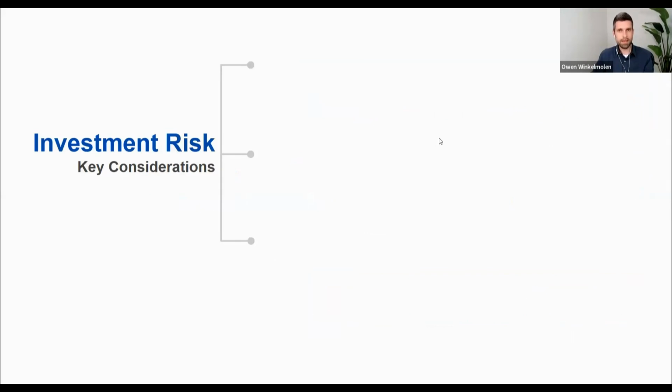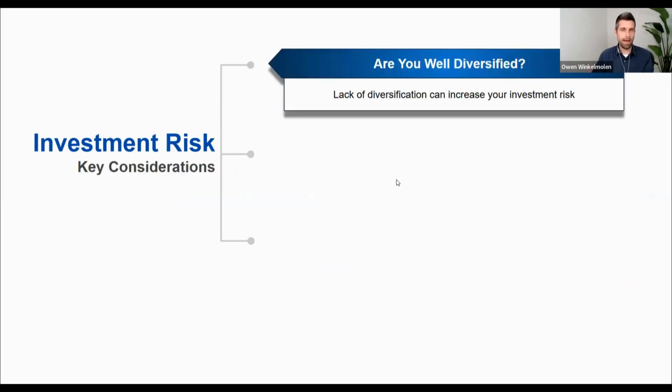So, three key considerations before we get to the examples. The first one is, how well are you diversified? When we talk about investment risk, one of the cheapest and most effective ways to reduce investment risk is through high diversification. Increasing diversification can decrease your investment risk. So we want to understand how high your diversification is.